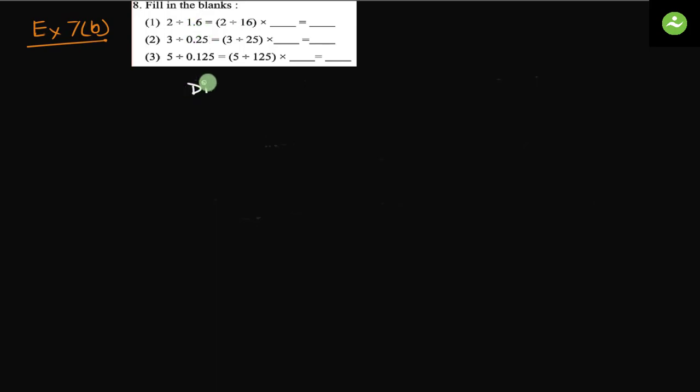We know the first one is the dividend and the second one is the divisor. Dividend divided by divisor equals quotient.